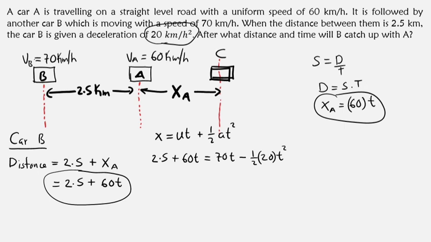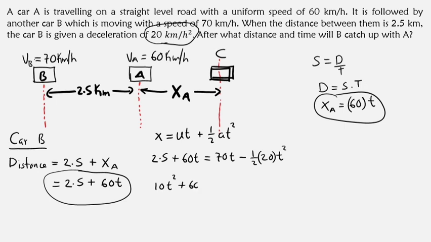So let's rearrange this and put everything on one side. First of all, the t squared term is negative 10t squared, so it crosses the equal sign and becomes positive 10t squared.